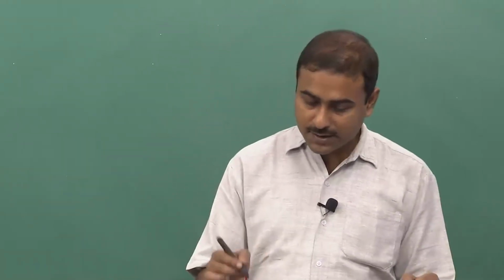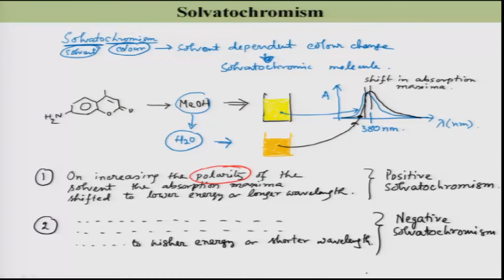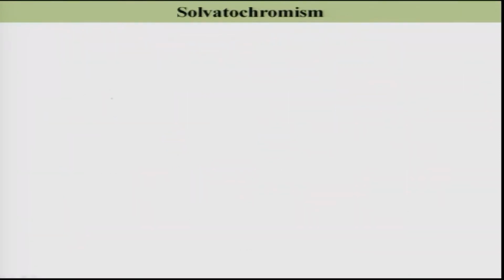Okay. So, with this definition of polarity, let us see these cases. Let me take a molecule represented as this ellipsoid, right, and let me draw a few positive charges over here and a few negative charges over here, signifying that this molecule has a dipole moment in the ground state.